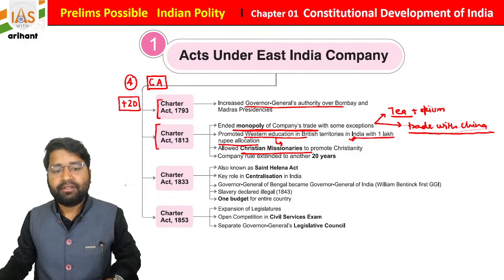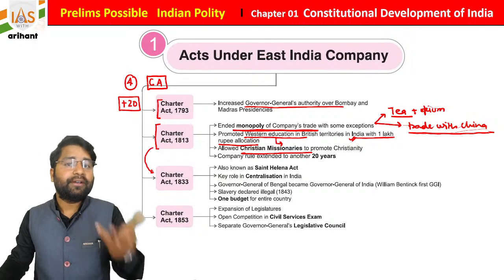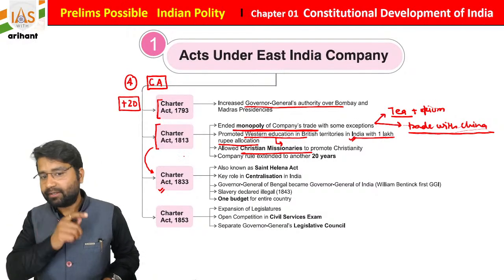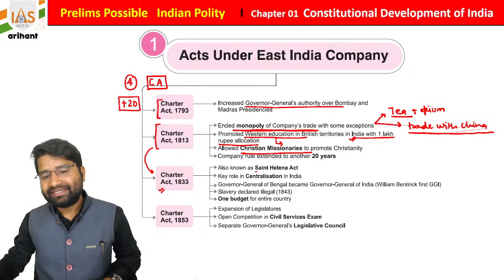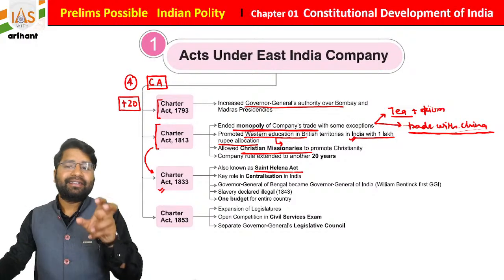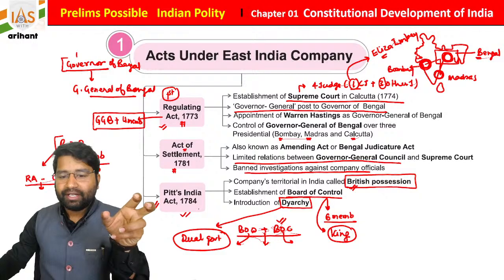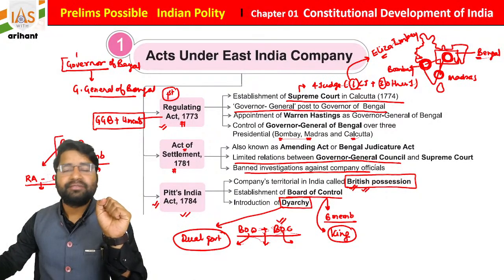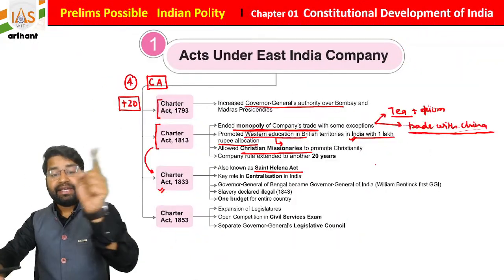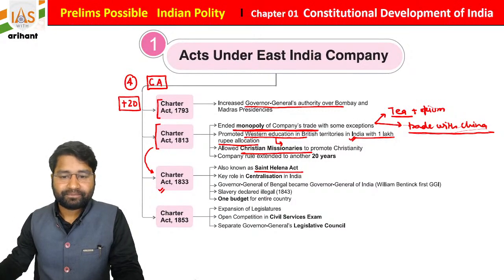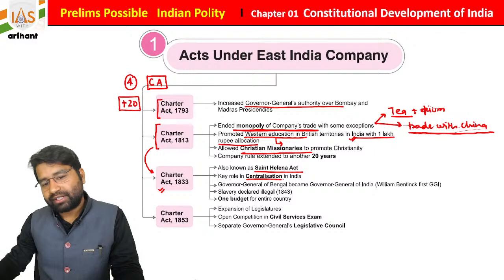Okay, and after that, students, once again there was a modification just after 20 years, and that was the Charter Act 1833. This is also called the St. Helena Act. Initially, in 1784 they introduced the term British possession. In 1833 they introduced more centralization in India.